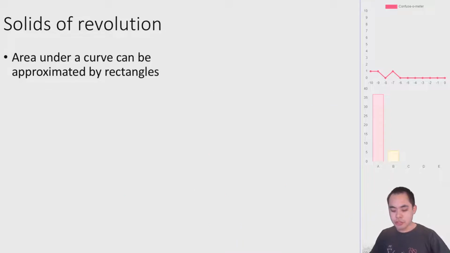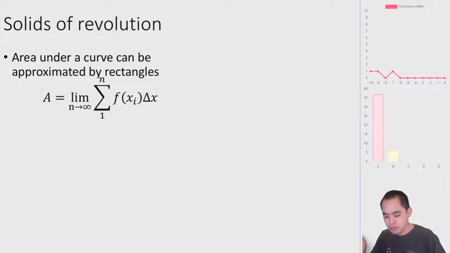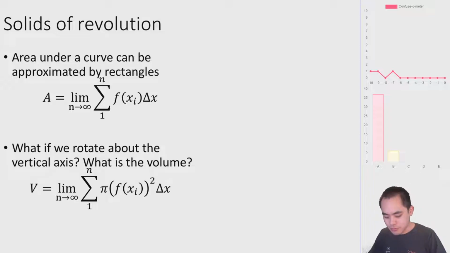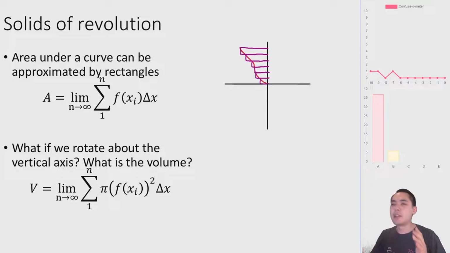For solids of revolution, let's recall that the area under a curve can be approximated by rectangles. So the area A was the limit as n goes to infinity of some Riemann sum. This is something we covered in class. Okay, so we can draw our Riemann sums, and here I've drawn them along the vertical axis.